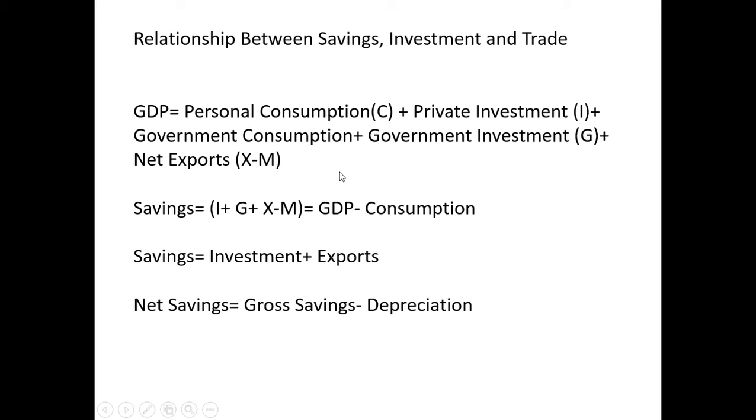Now, as you have already come across in parts of microeconomics, savings is thought of as a leakage from the GDP, the goods and services that are produced in this particular year that are not consumed in this year and are rather saved through banks and several other means, and then carried forward into the next year.